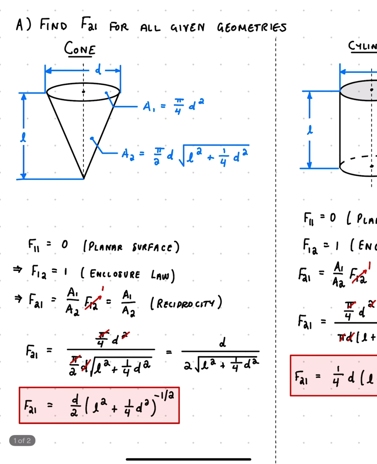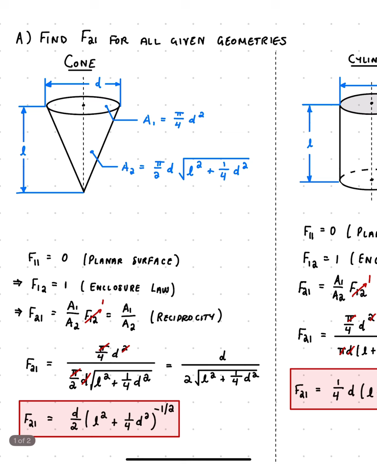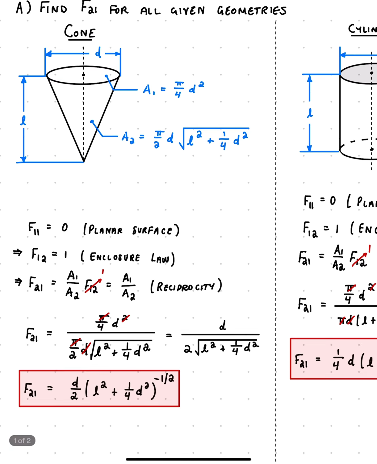Starting off with the cone, we can notice that our view factor from surface 1 to itself is going to be 0 because it is a planar surface. It can't see itself. And that makes the view factor from 1 to 2 equal to 1 through the enclosure law. And then we can find our view factor from 2 to 1 using our reciprocity rule, which shows the ratio of the areas between our two surfaces times the inverse view factor.